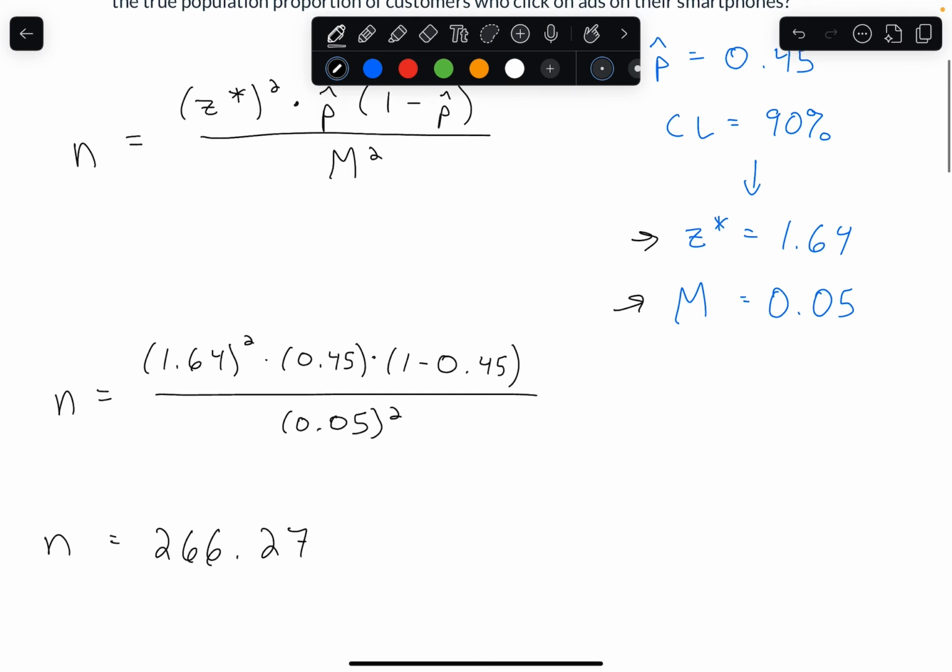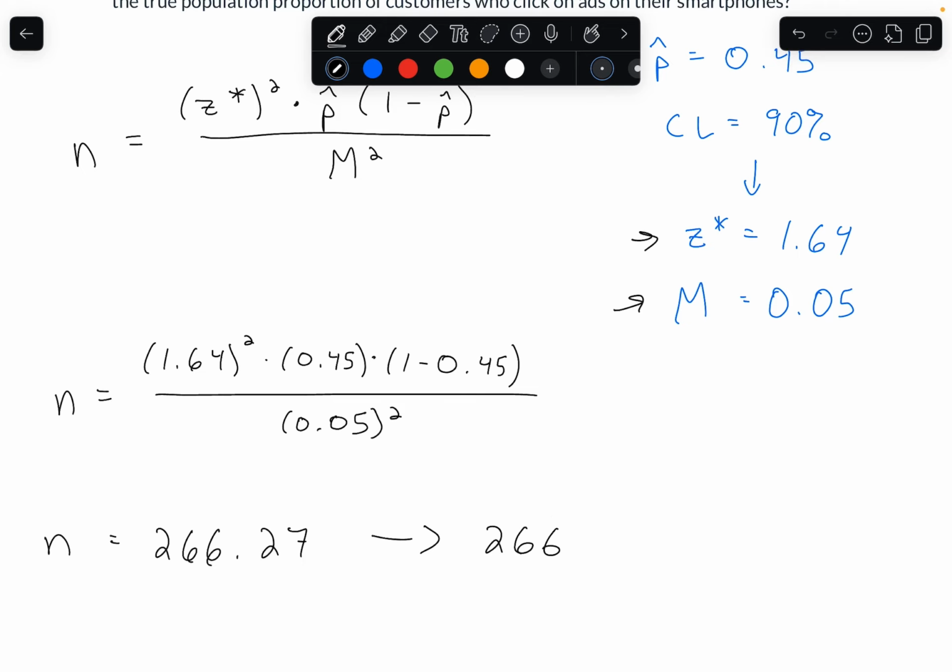Now remember, n represents a sample size. N cannot be a decimal because n is referring to, in this case, the number of people that I would like to go out and survey. If I round n like normal, n will go down. If I was going to round like normal, I would say it's 266, and fine, that's the end of my problem.